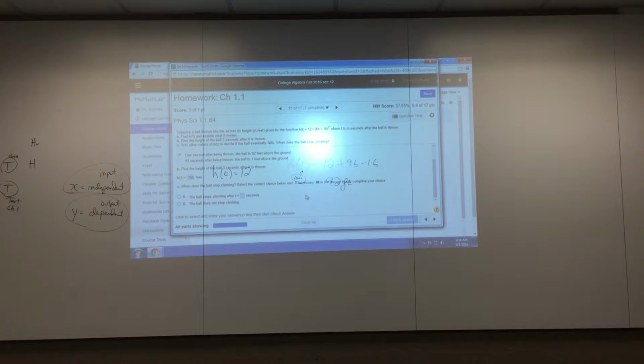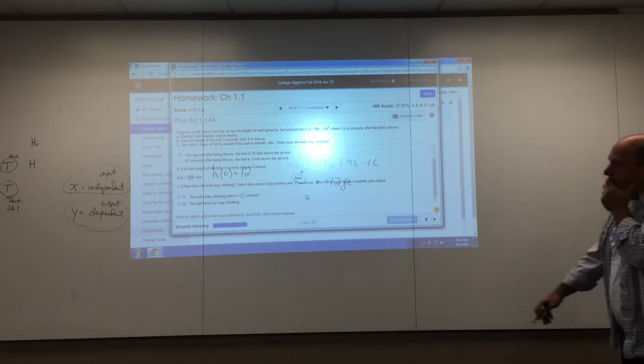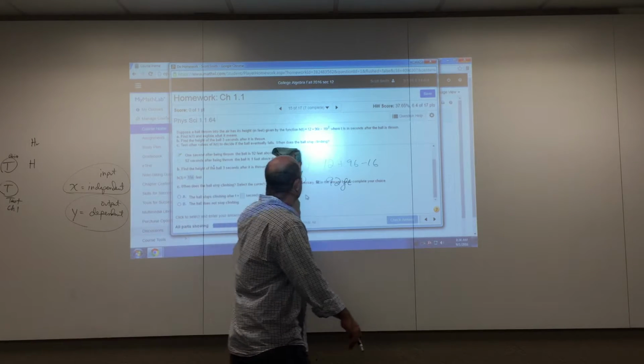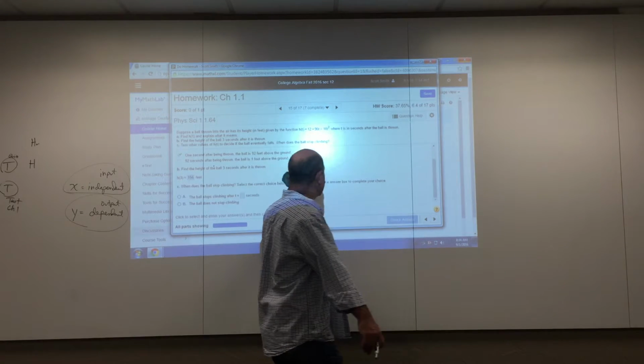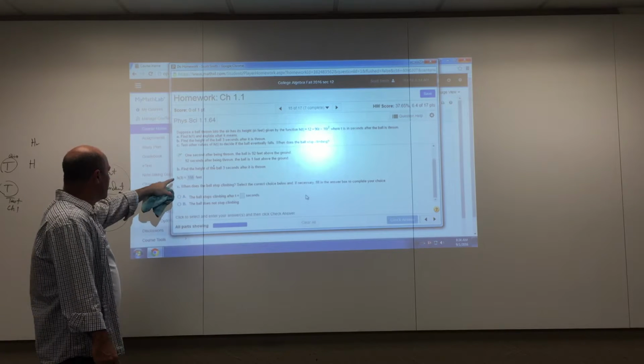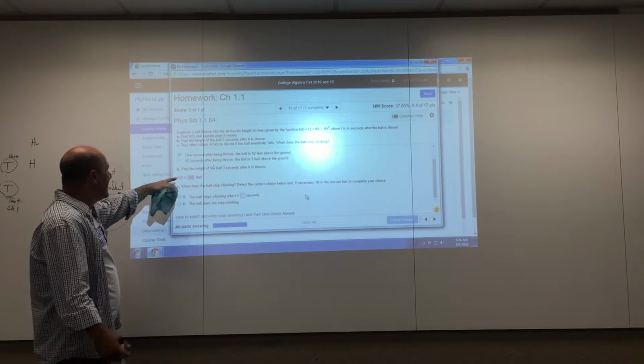The ball stops climbing at blank seconds. That's pretty interesting. Did you guys answer this question? Anybody do this homework? 5 seconds. 3 seconds. Oh, you think it's the 3 seconds? And how do you know that?